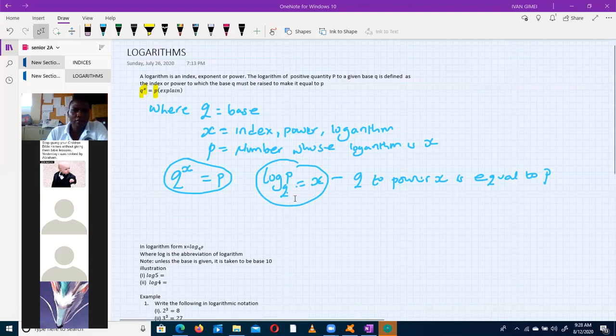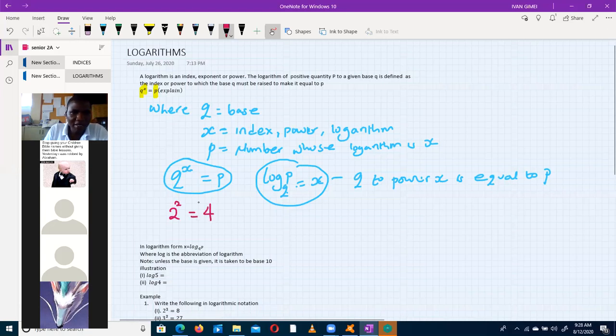Okay. This is what we just learned. If, for instance, this p is 4, we are simply saying that if I have 2 to the power 2, this will give me 4, isn't it?